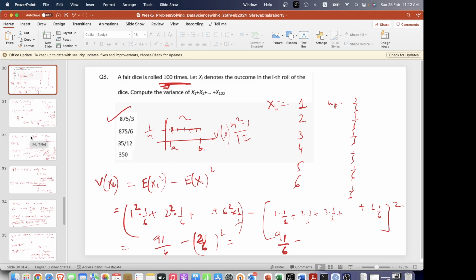But if the outcome in one trial depends on what the outcome was in the previous trial or any other trial, then we cannot say that the variables are independent. And when it is not independent, we cannot use variance of sum equal to sum of variances.